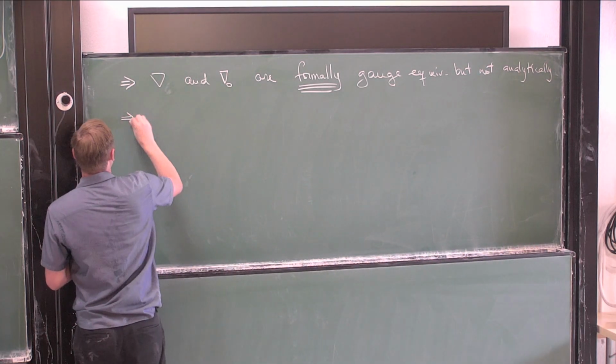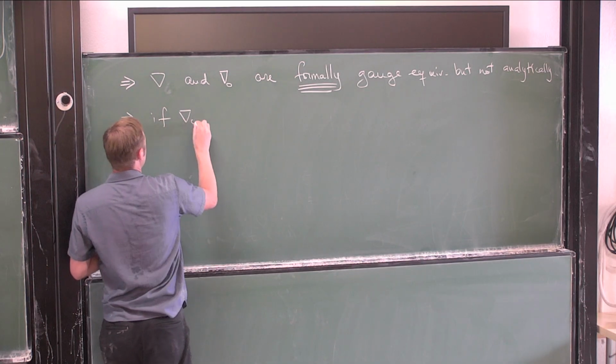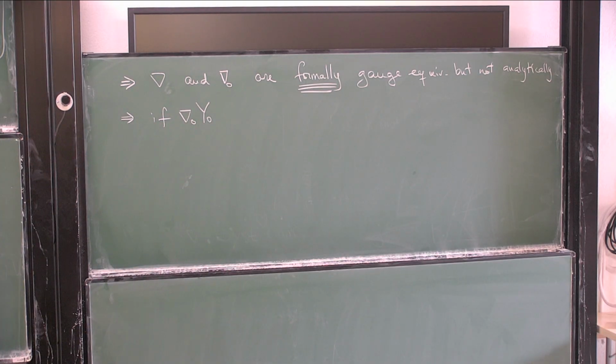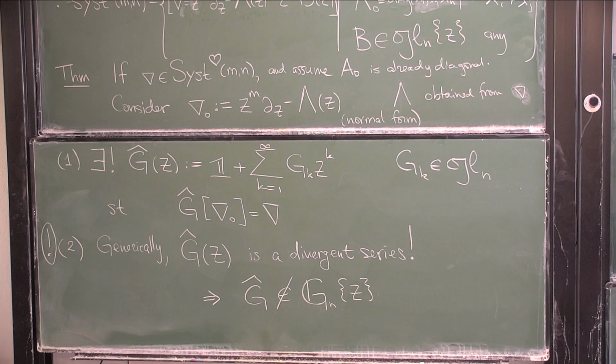You could say, in more concrete terms, that the cool thing about nabla not is that it is genuinely a diagonal system, so I can just solve it on the nose. So finding y naught, which gets killed by nabla not, is very simple.